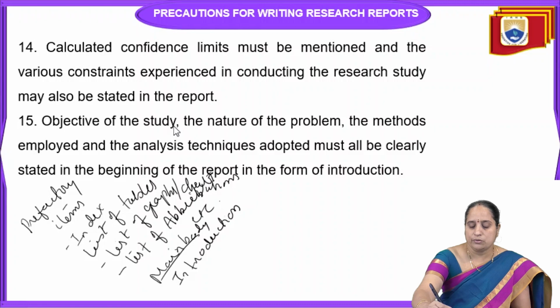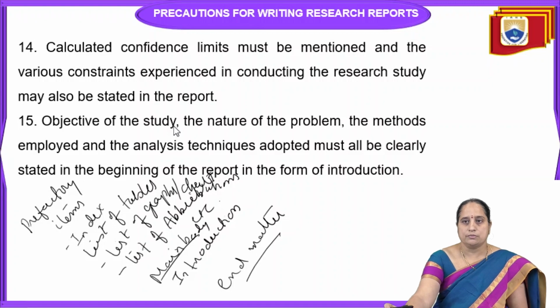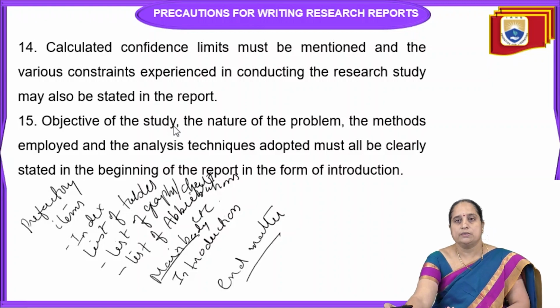So the complete methodology we have to specify under the main body, then the end matter. Under the end matter, you need to include bibliography, annexures, and if you are going to include appendices, everything should be mentioned in the end matter.